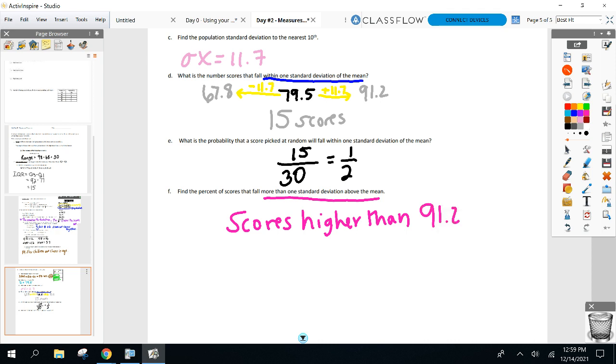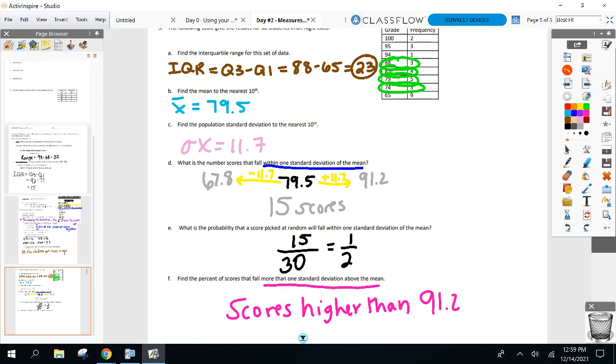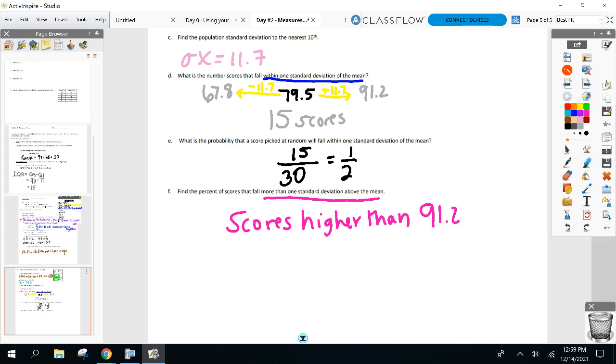Because remember, this is 1 above the mean, so I want anything more than that. So go ahead, count them up. 6. Read the question though. I didn't say how many scores, right? I want it as a percent. 6 out of 30 as a percent. 0.2. So 20%.